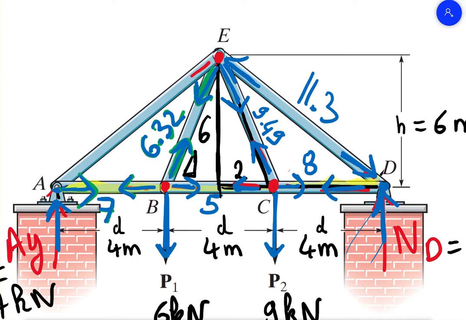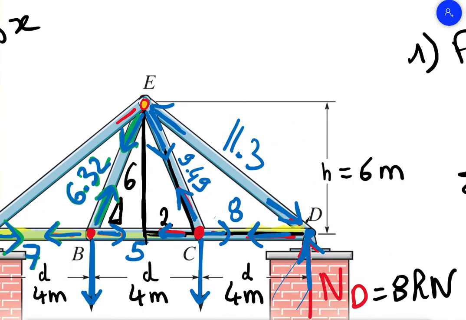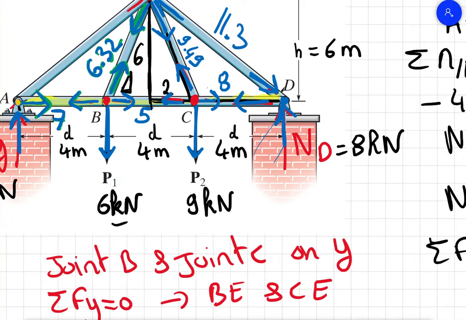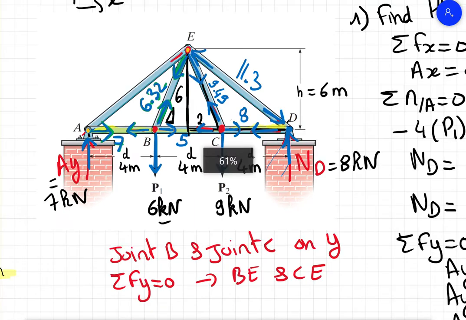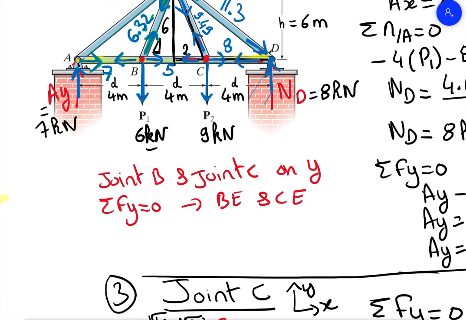Seriously, I prefer to use the joint A than the joint E with all these angles. So let's do the joint A for our last free body diagram. Joint A, that's very easy.